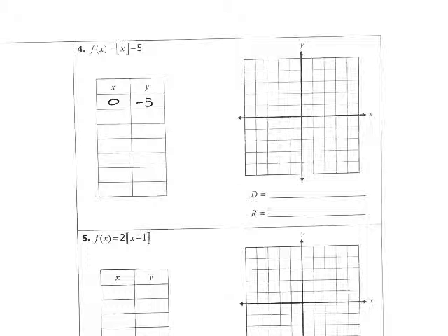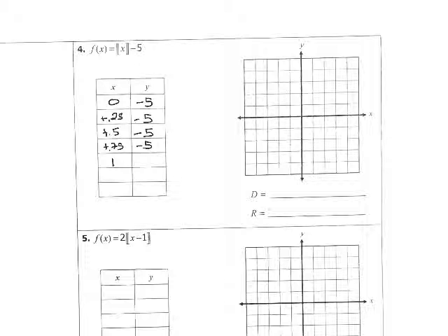And then if we were to do just plus 0.25, it's going to go to 0, and then also -5. 0.5 goes to 0, and then to -5. And then 0.75 goes to 0, and then -5.